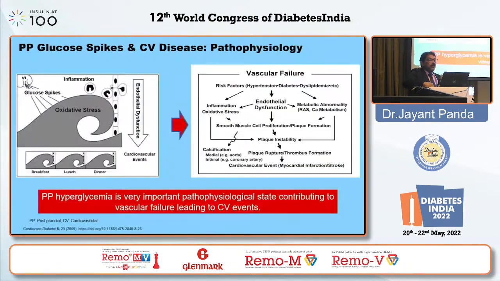We have to keep that in mind. During postprandial hyperglycemia, every meal a patient takes comes with a big wave of blood glucose, resulting in oxidative stress, which ultimately leads to endothelial dysfunction, smooth muscle proliferation, and cardiovascular events. So our purpose is to avoid postprandial hyperglycemia and glycemic excursions, and this variability has to be kept in range.